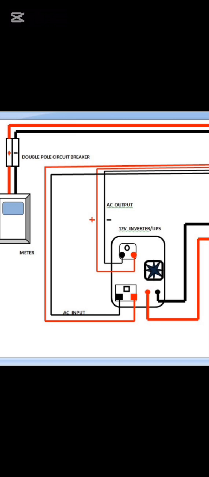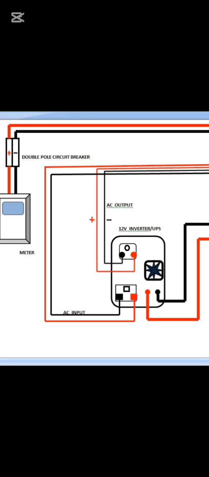It has an inbuilt charger that charges the battery with the power from the main supply or the external source of power.